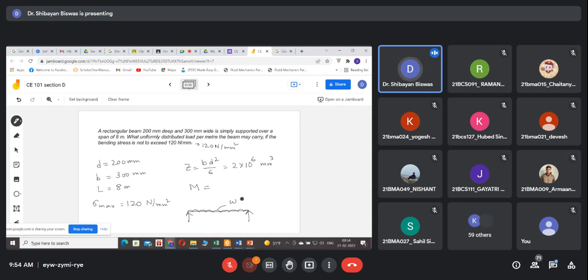If this is W Newton per meter of this beam, and this is L, the entire length of the beam, what was the maximum bending moment?